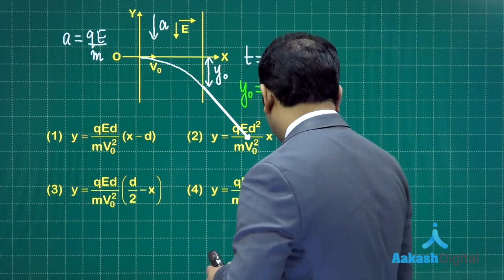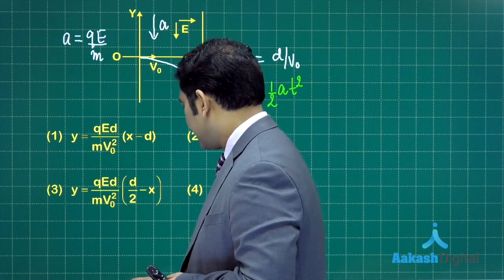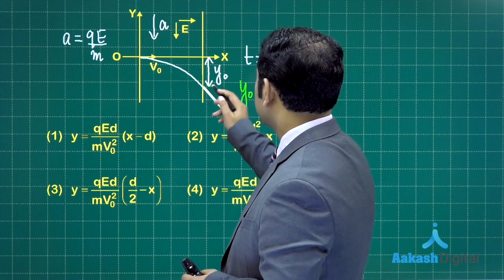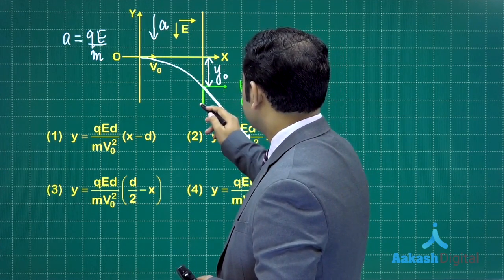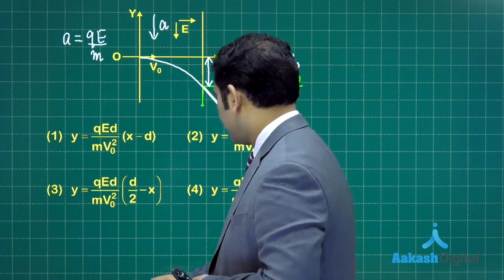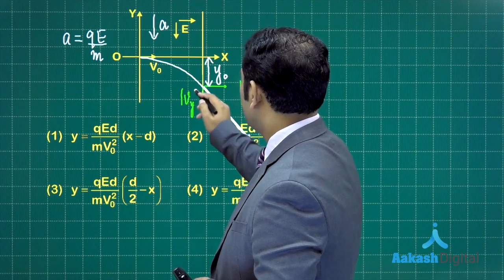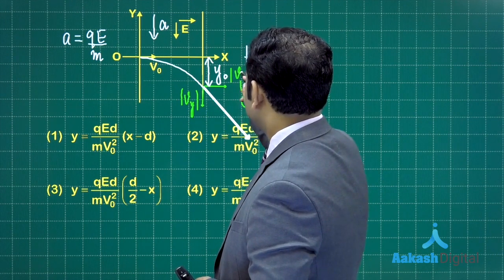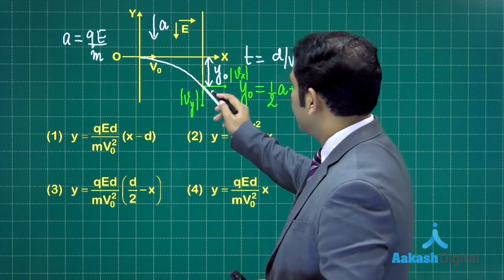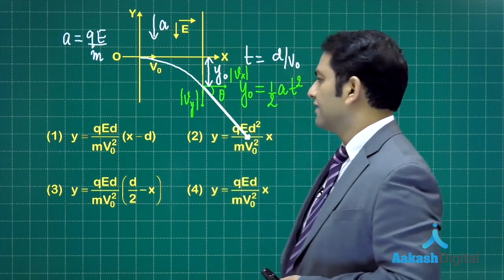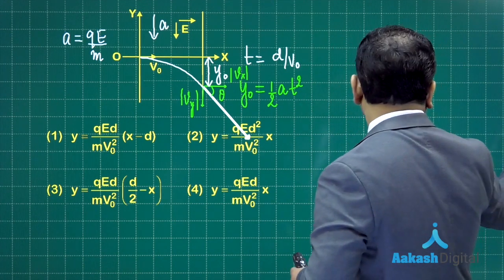To do that, let me just calculate the angle here, and I'll be showing it in this way. Here, this is the case, and here, this is the case. So let's go in terms of magnitude. This will be the magnitude of Vy, and this will be the magnitude of Vx. And let's say this angle is theta. So here, I'll be getting something like this.